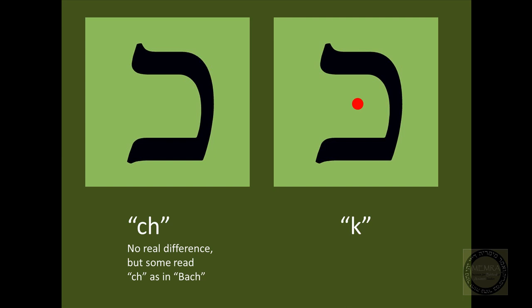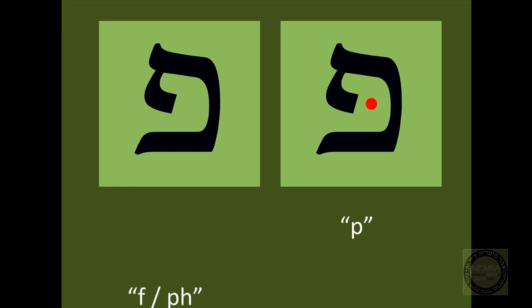Most of the time, you'll either see a K or a K with an underline, some way to distinguish it, but realize again, to our ear, there's really no discernible difference. This one has a difference. We have p with a dot in pe, and without it, we have the f or ph sound. So that one matters.